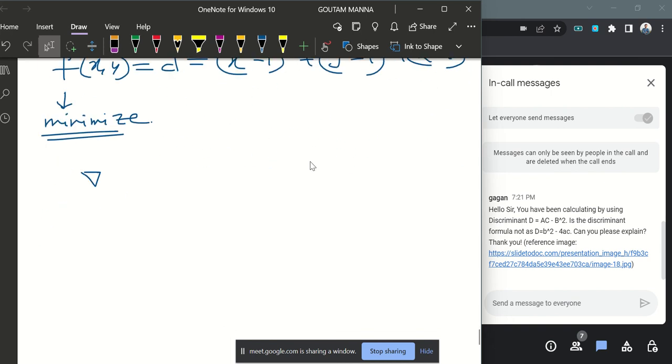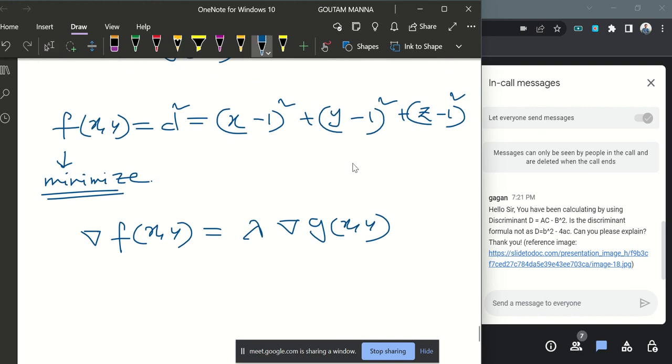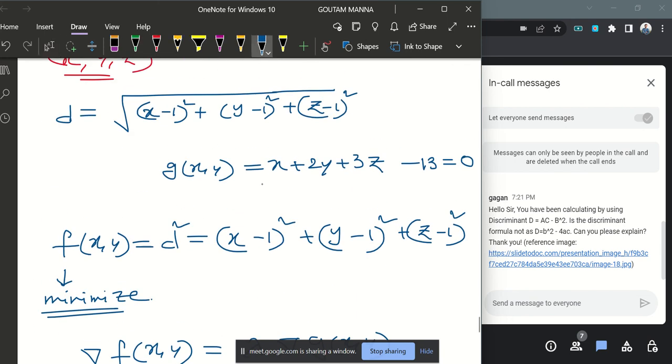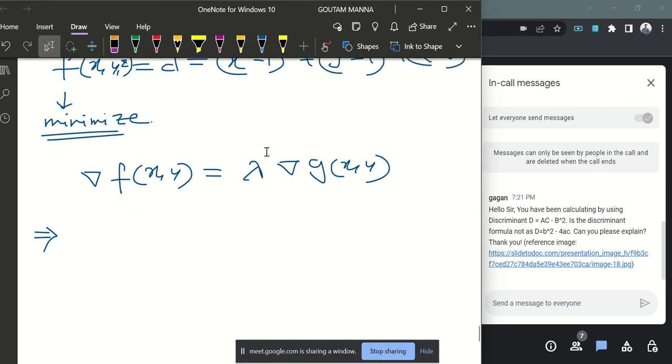So let's use the Lagrange multiplier method. Gradient of f equals lambda times gradient of g. Sorry, it is x y z. So f is a function of x y z, g is also a function of x y z.